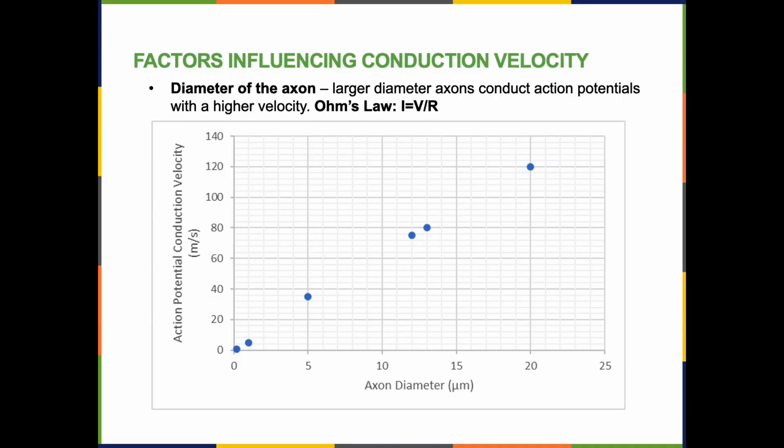And the electrical resistance of an axon is inversely related to its diameter. So a larger diameter axon will have less electrical resistance, meaning the action potential is able to spread more easily down the axon and moves, therefore, more quickly. That is, the current is a higher velocity of action potential spreading down the axon.